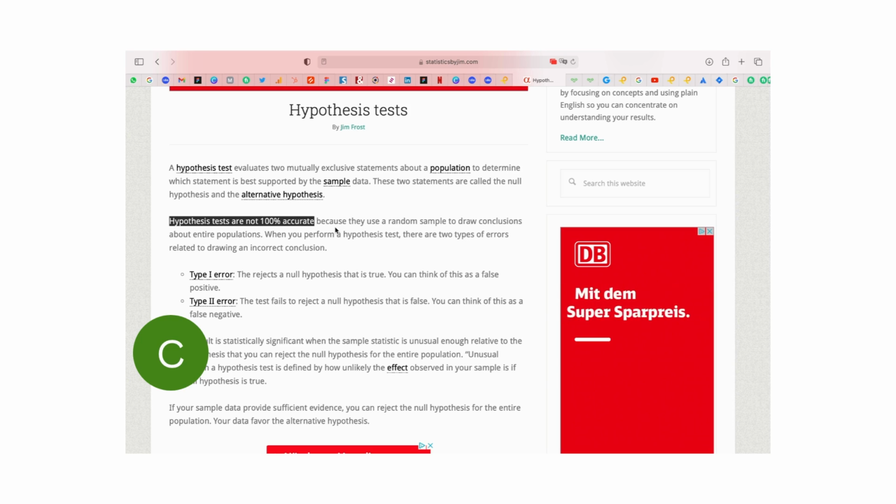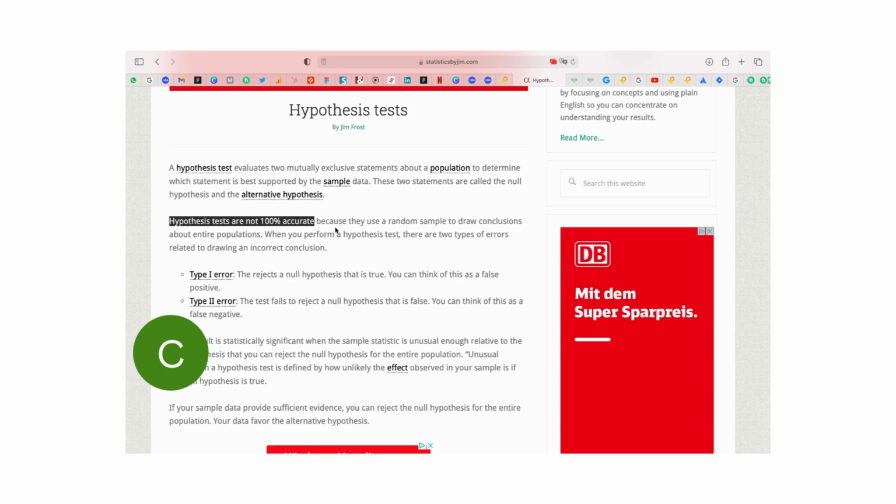The sample cannot 100% accurately represent the population because it's a sample, and there is always some sampling error. If you draw a sample and I draw a sample, our methods could be different, or the randomization that we do, like if you randomly pick some 10% of the population, then your 10% and my 10% would be different.